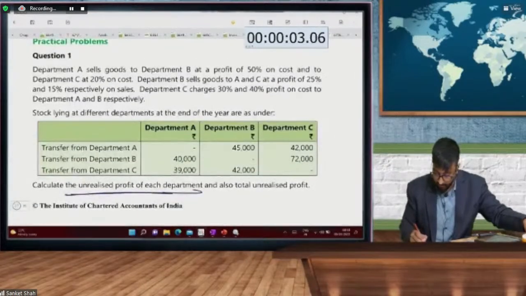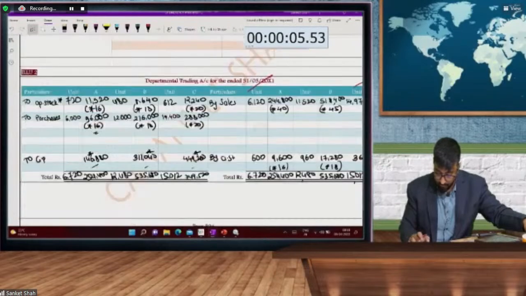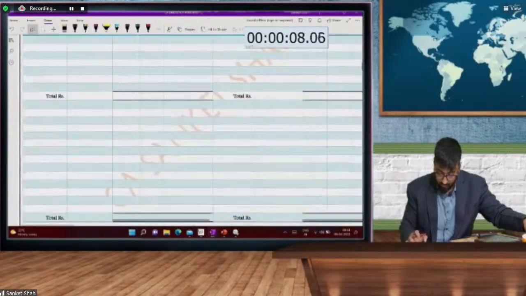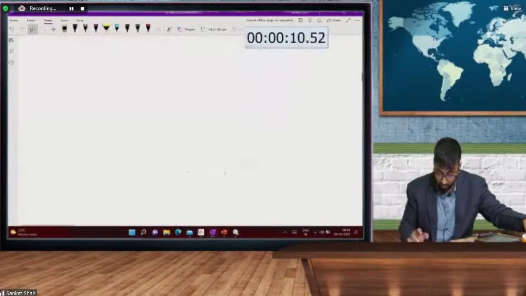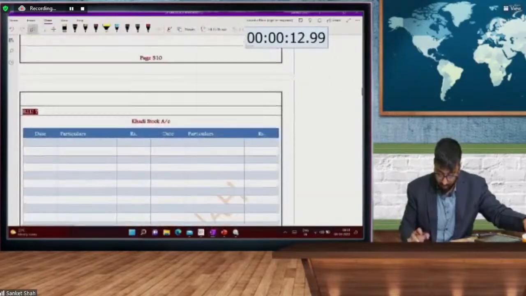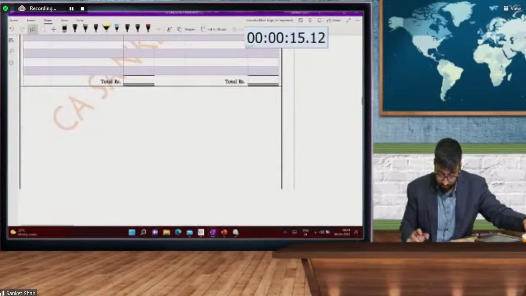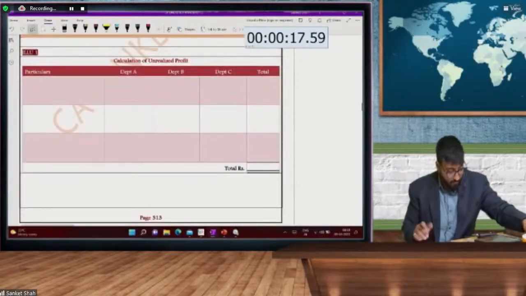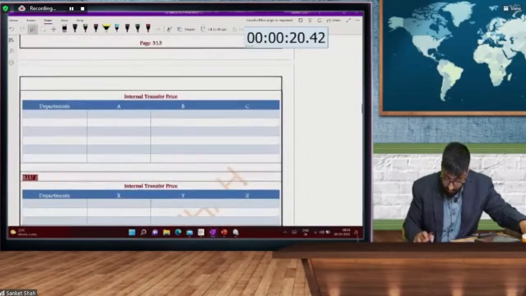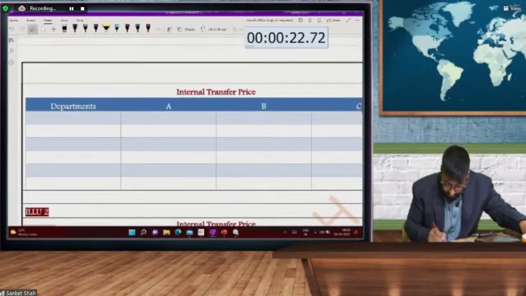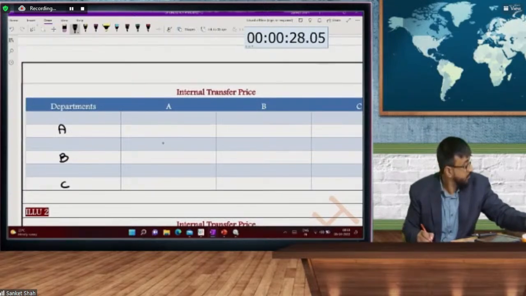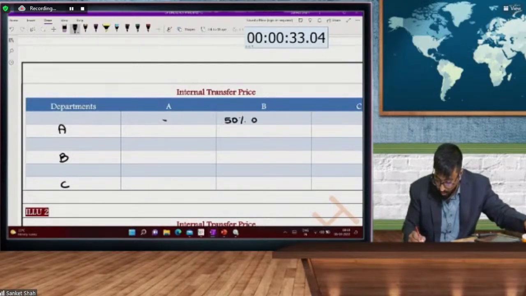Now see, first thing, in exam what are you going to write first? Yes, your basic table. So here, basic table, beta: A, B, C. 50% on cost, so here I can directly write the shortcut 50 upon 150.